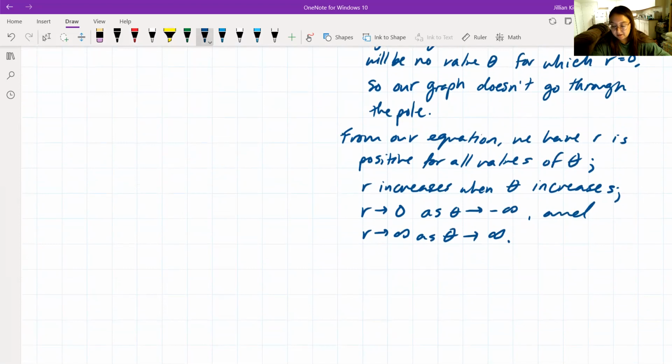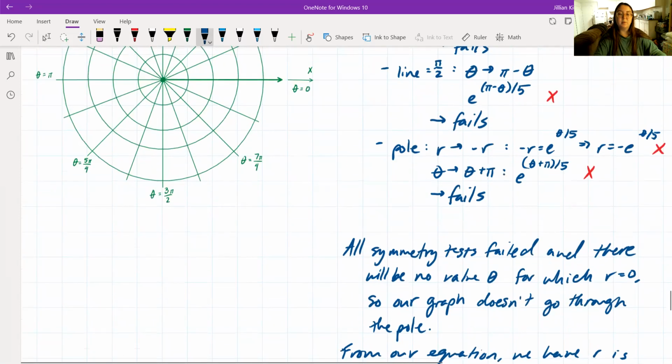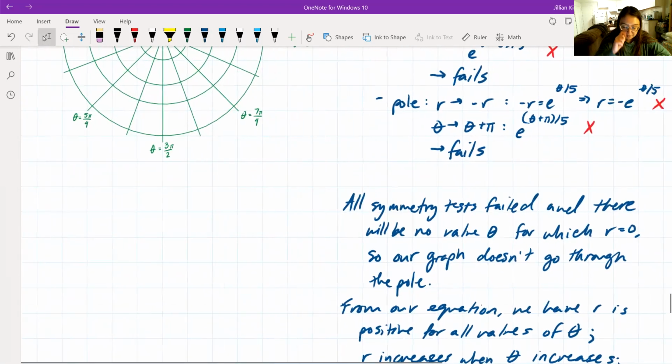So to find points, we want to use a calculator. Just like before, we want to draw out our table here where we're going to have theta and we're going to have r, where r is equal to e to the power of theta over 5.